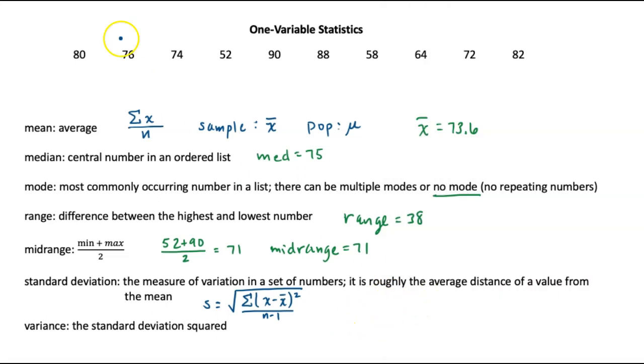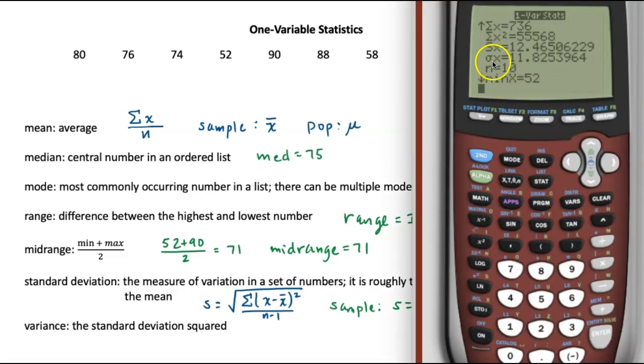So our sample standard deviation is 12.47, where S is the symbol for a sample standard deviation. So this is a sample, and a population standard deviation is given by the Greek letter sigma. We can see that on our calculator here.